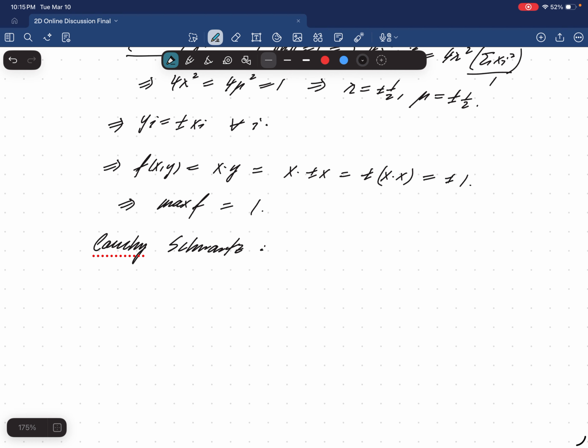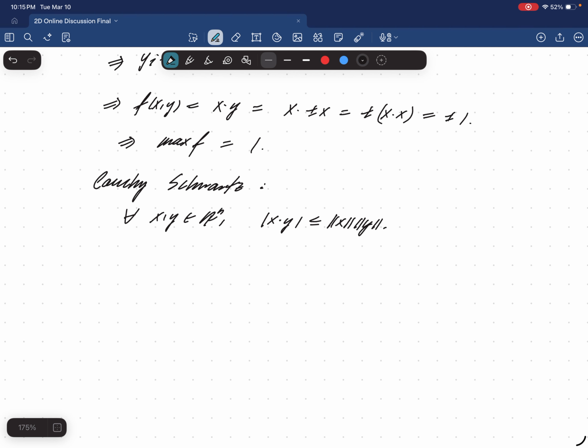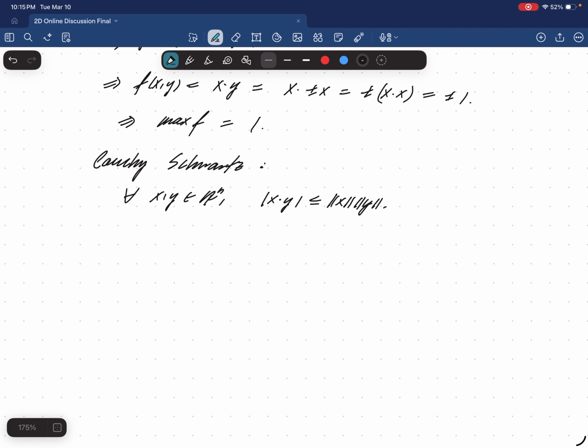Which states that for all x and y in Rn, the absolute value of x dot y is no larger than the norm of x times the norm of y. So why does the above problem imply this?